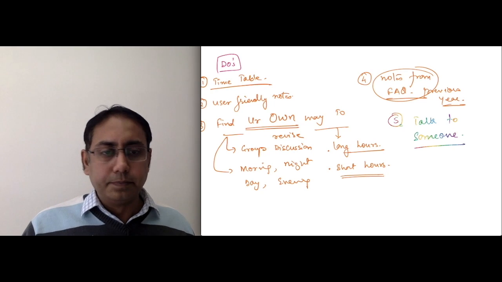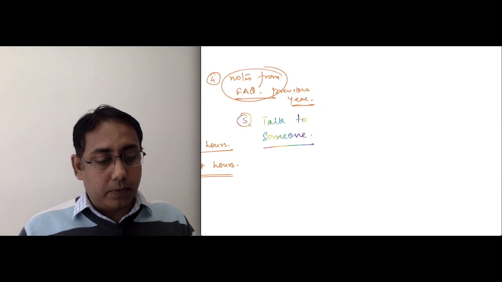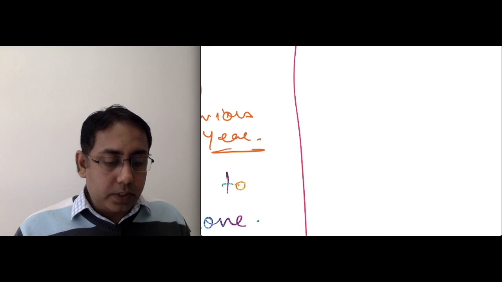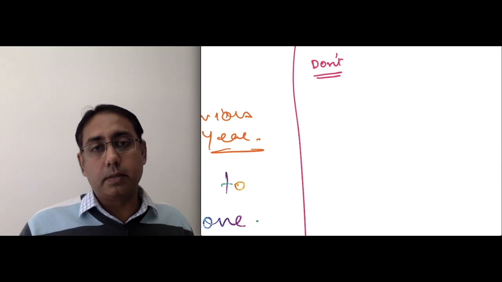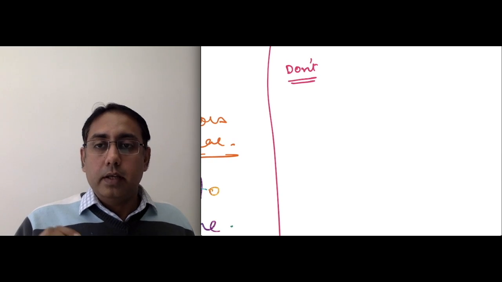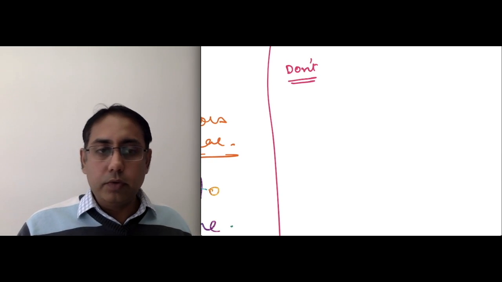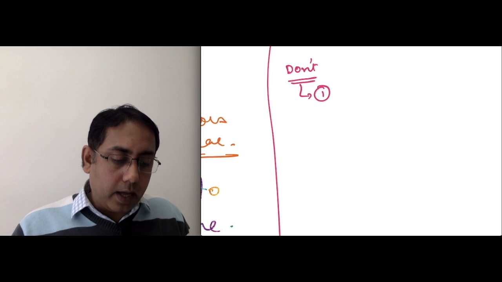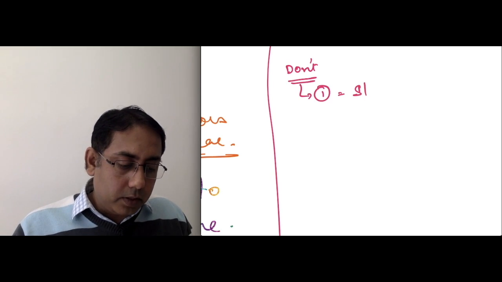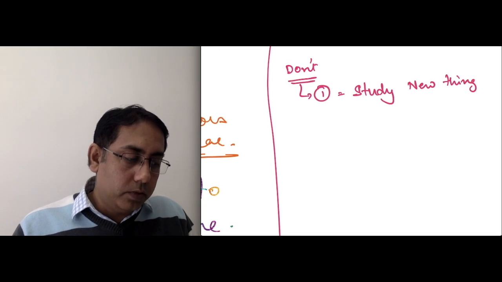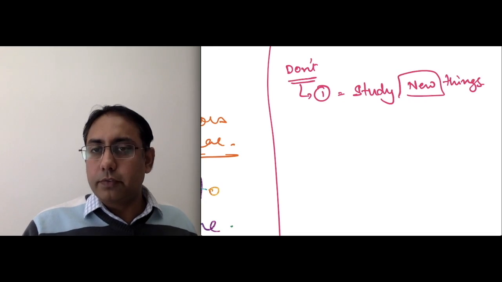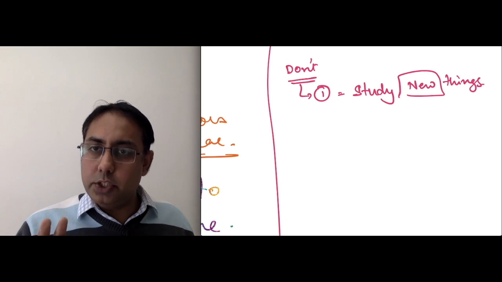Okay. There are some don'ts I would like to tell you, some don'ts which I am also scared of. Many students have that habit of doing it. The first don't I would like to share with you is, don't get into that habit of studying new things. What do I mean by studying new things? You might do ophthalmology in 3 years by doing PG.